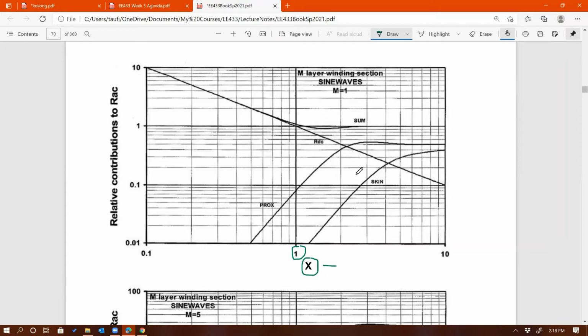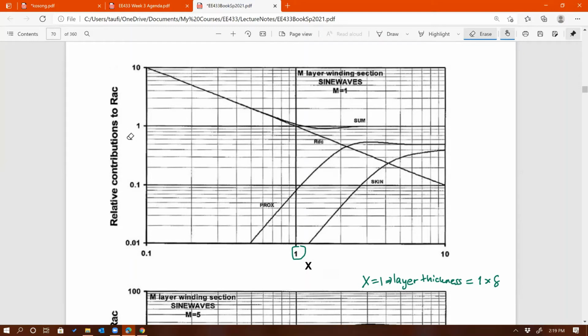When X is equal to 1, it means that layer thickness is equal to 1 times the skin depth. And if it's 10, then it's going to be 10 times skin depth, and so on and so forth, okay? Is that clear of what X means? So again, that's layer thickness. If you have inductors with multiple layers, then that will be the thickness of each layer.